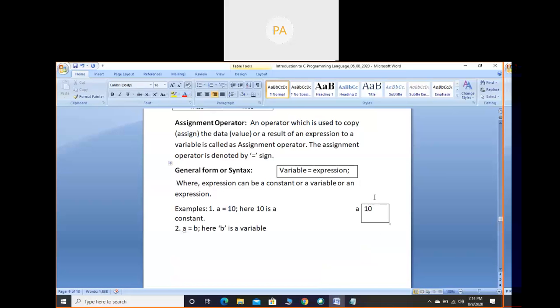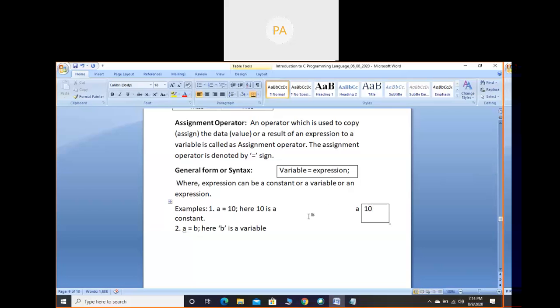Just write one box, that is enough, and you write that value, whatever value you used. Here you have used 10, you can use any value, any integer value or floating point value. You just write that value in that box. It is understood that a is a variable, that means a is the variable name for a computer memory location, and in that computer memory location the value 10 is stored. So this is the meaning of the assignment operator.